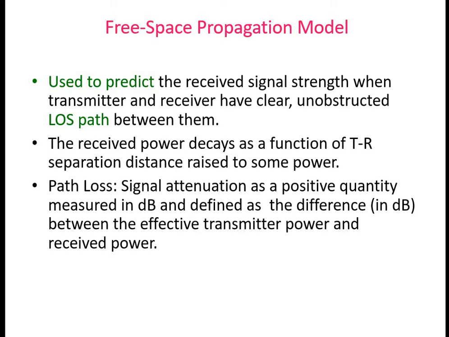The signal attenuation is a positive quantity measured in decibels, and from checking the path loss we can say how much effective transmitted power there is, and how much is being received. So the amount we have transmitted and the amount we have received.